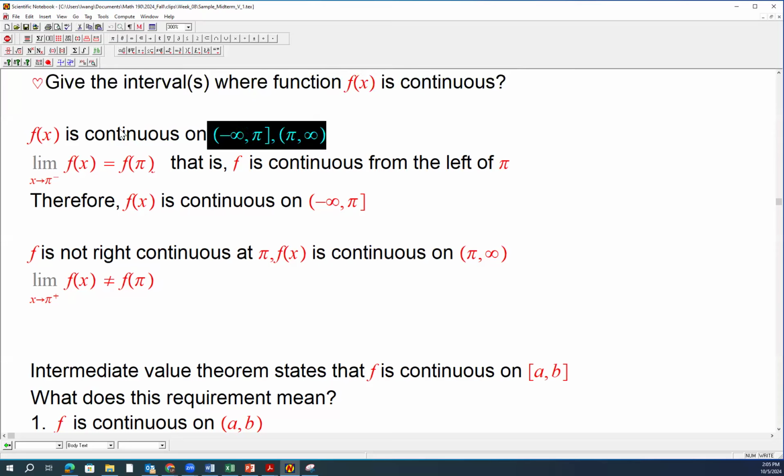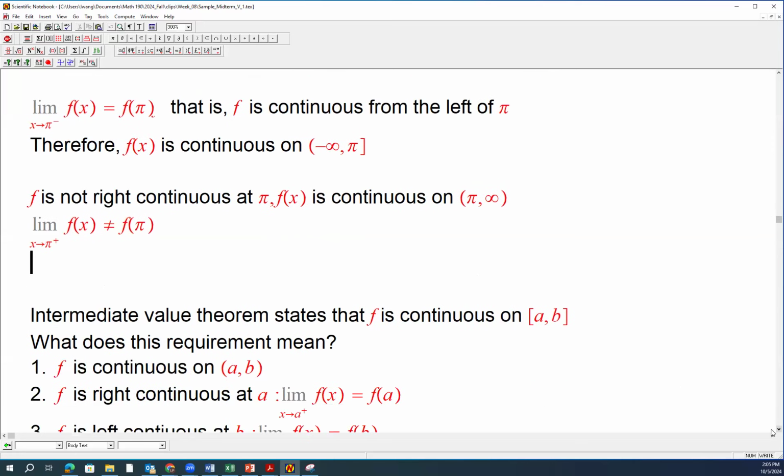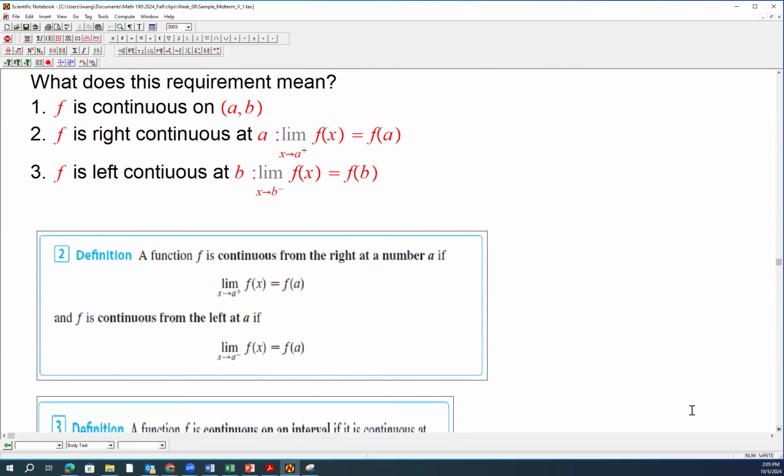The intervals are these, and that's the Y, and that's the Y. Okay, quoting our definition from left continuity and right continuity and this other definition.